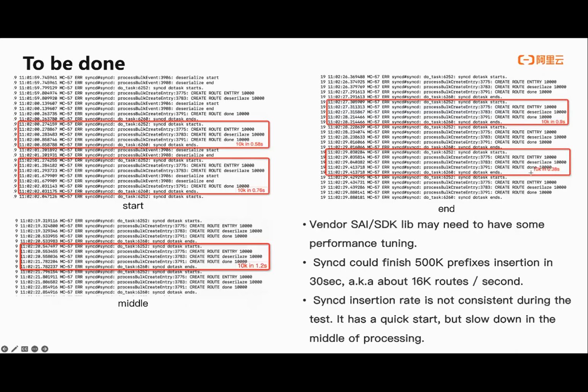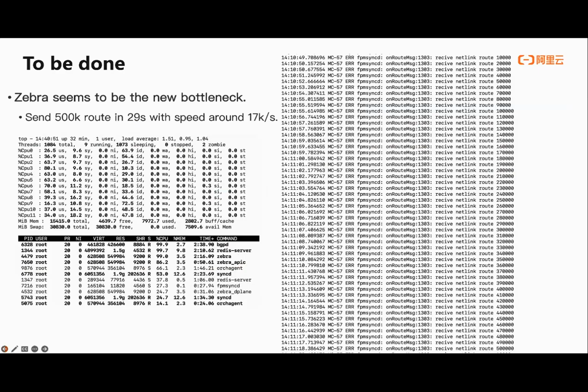Yeah, I think we talked about it before. I was also under the same impression that Zebra is the bottleneck, because in my measurements I compared the time Zebra takes to install a million routes in the hardware versus how much time it takes to send them to FPM sync D, and FPM sync D was way slower.